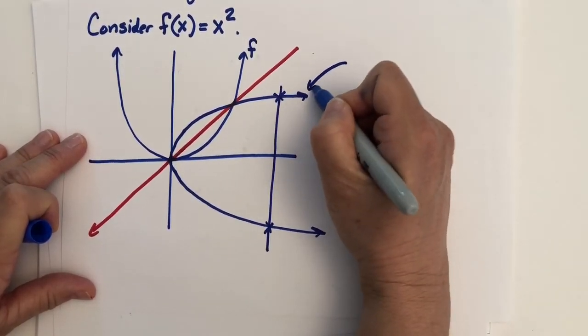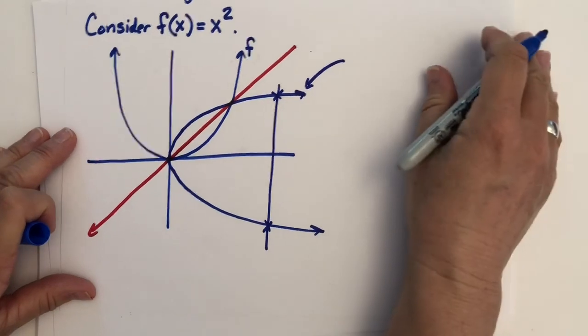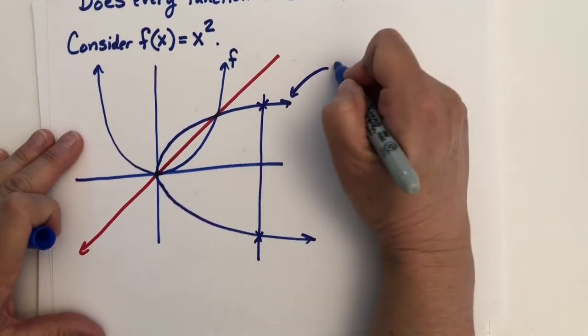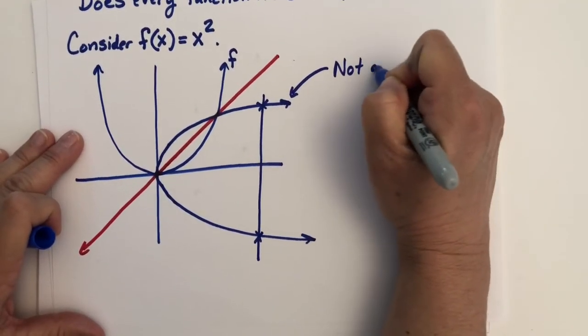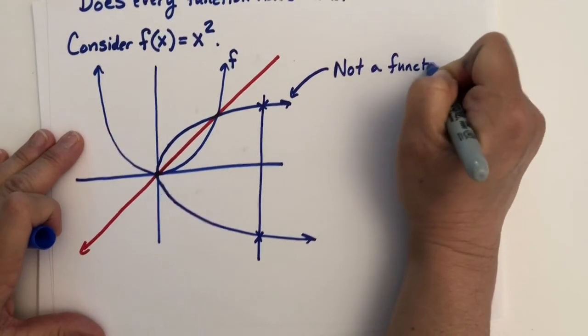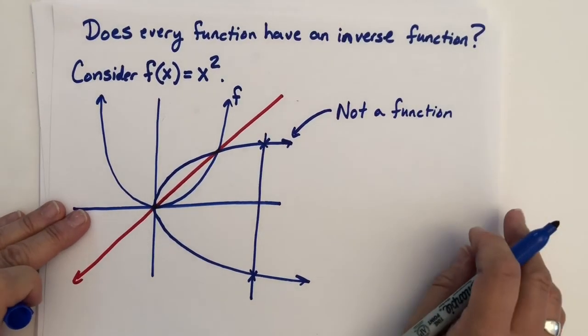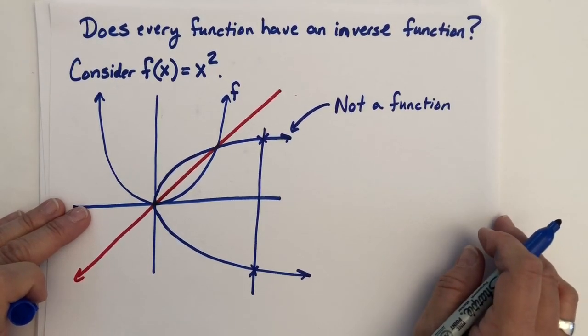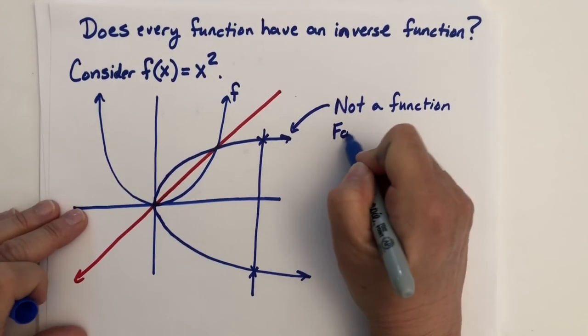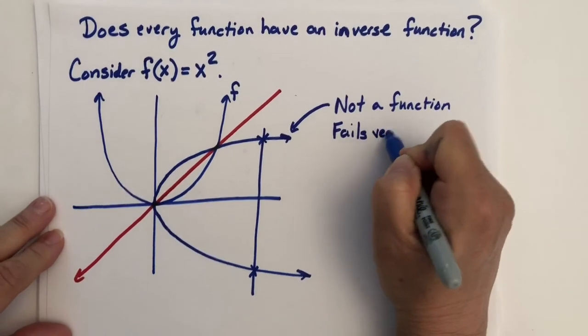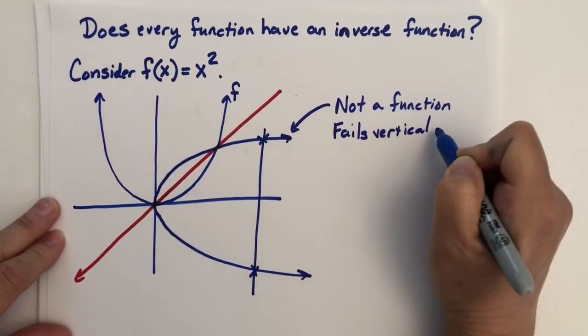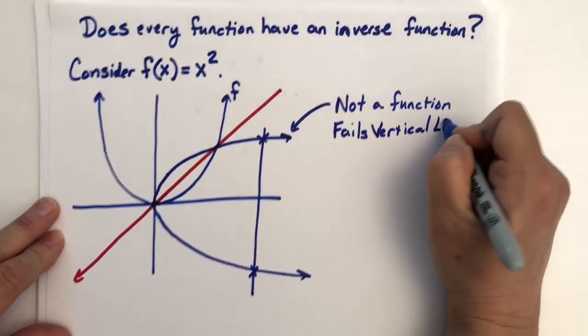So this graph right here does not represent a function. Not a function. Because it fails our vertical line test.